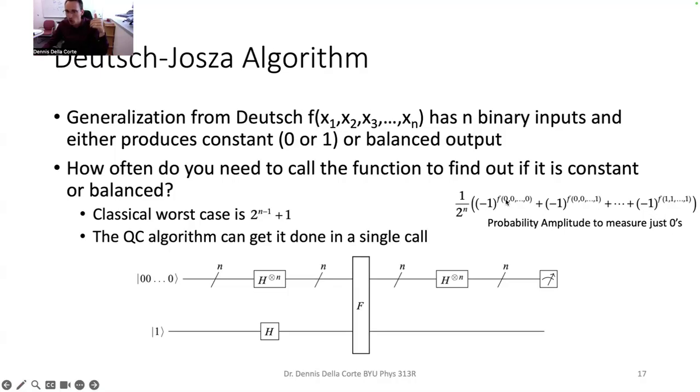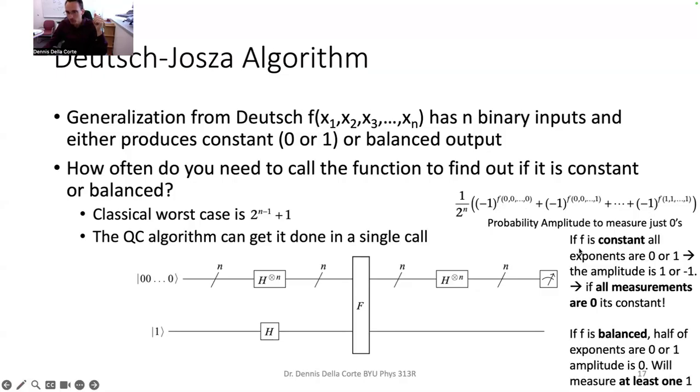If the f function always produces minus ones, then you're just going to add up minus ones, and then you normalize it by the number of qubits effectively. And so you are going to get either a plus 1 or a minus 1 for a constant function. And if you have a balanced function, then half of these minus 1s here will be plus 1, and the other half will be minus 1. So they cancel out, and you're going to end up with a 0.